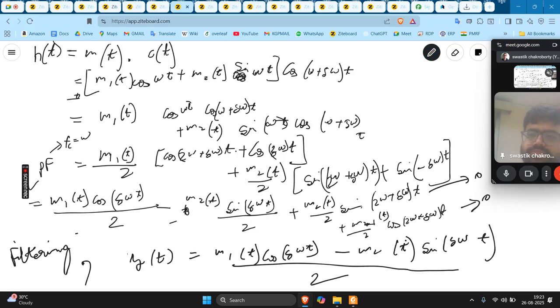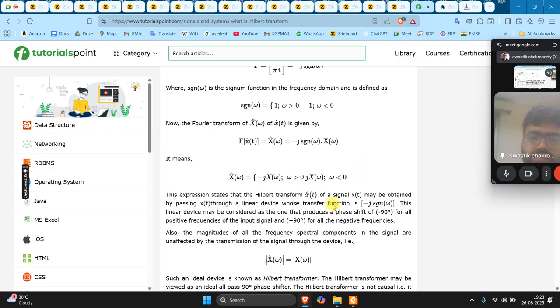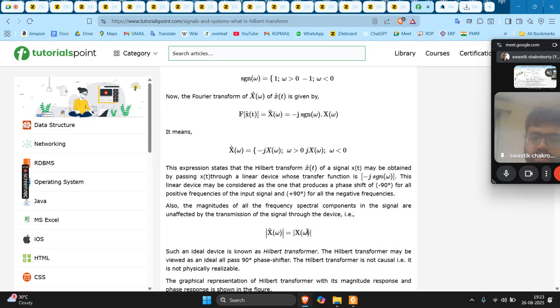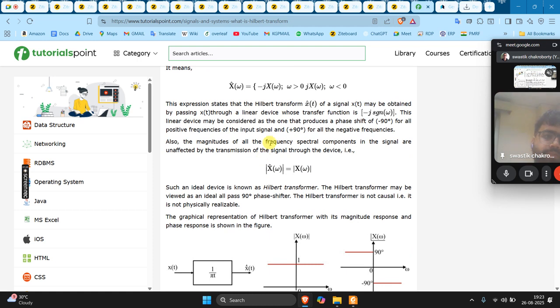So for omega less than 0 and omega greater than 0, you have to make a device which produces a phase shift of minus 90 or positive 90 degrees depending on the sign of the frequency, and it will have no magnitude loss, so the magnitude will be the same.